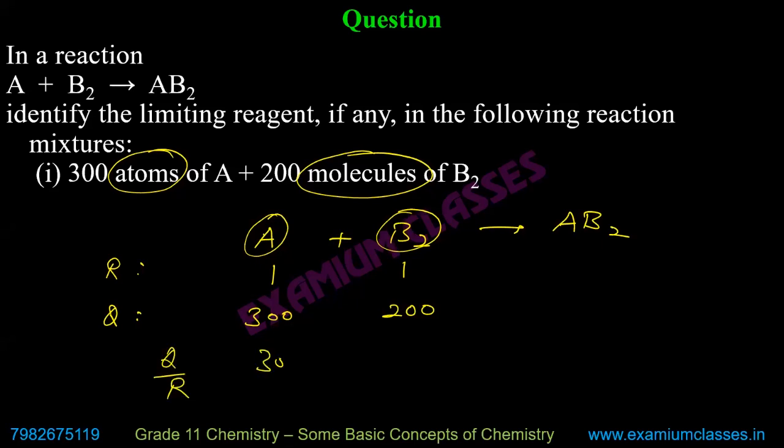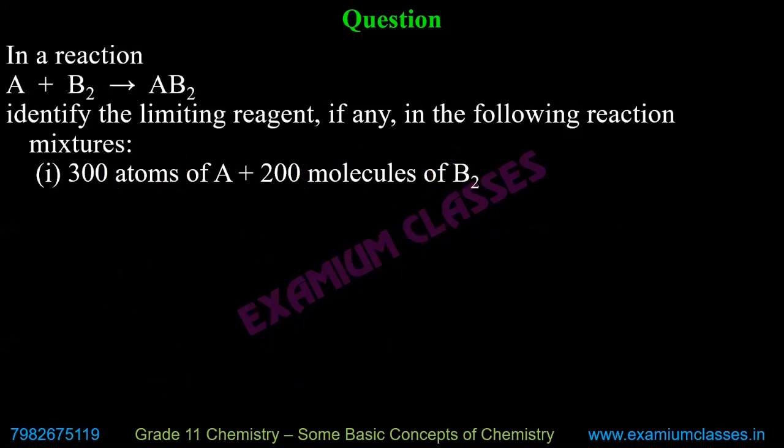Q by R ratio here is 300 by 1, 200 by 1. This one is less. You said B2 is the limiting reagent. Yes, Arjun, it is correct. So in the first case, B2 is the limiting reagent.